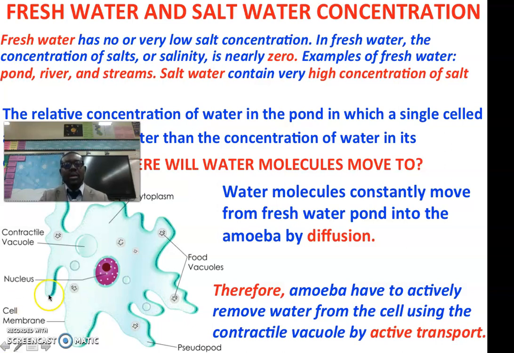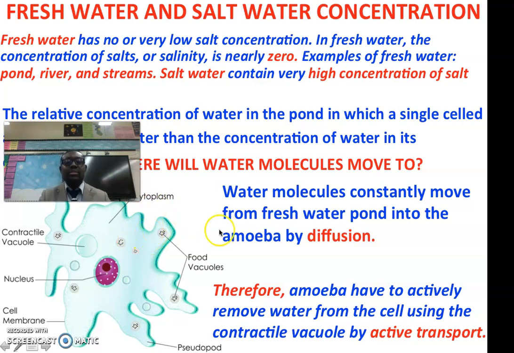All right, so the water will enter the amoeba cell through the process of diffusion, because the water is moving from a higher concentration of water molecules in the pond to a lower concentration of water molecules inside the amoeba cell, because the pond water is fresh water. It has 0 to no salt concentration.